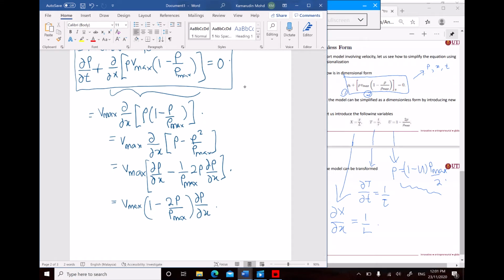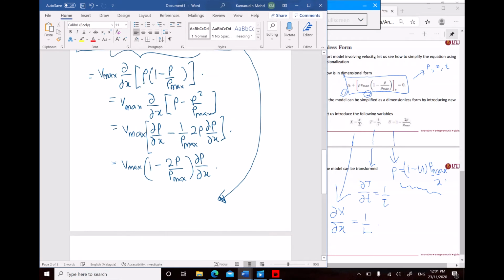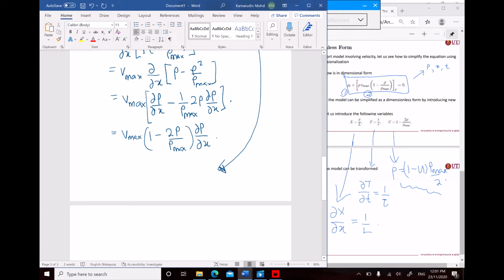So now this equation becomes: del rho del t remains.